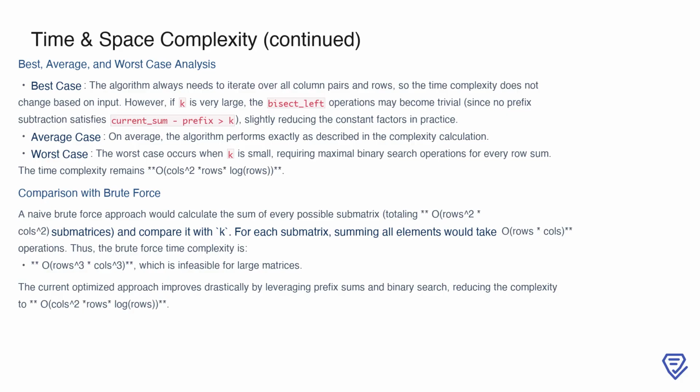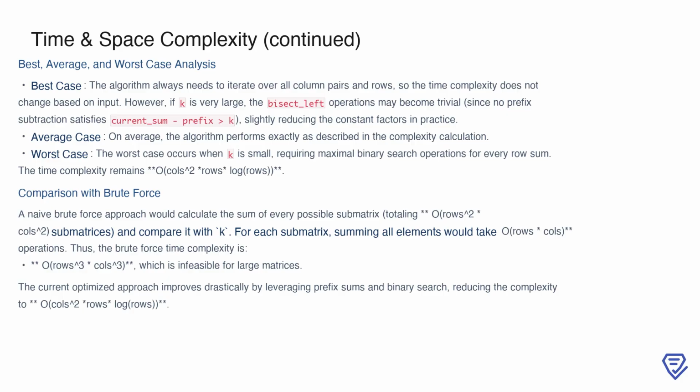This might slightly reduce constant factors in practice. For the average case, the algorithm performs as described, with no significant deviations from the calculated time complexity. In the worst case, when k is small, the binary search operations are maximized for every row sum, but the overall time complexity remains O(cols^2 * rows * log rows).